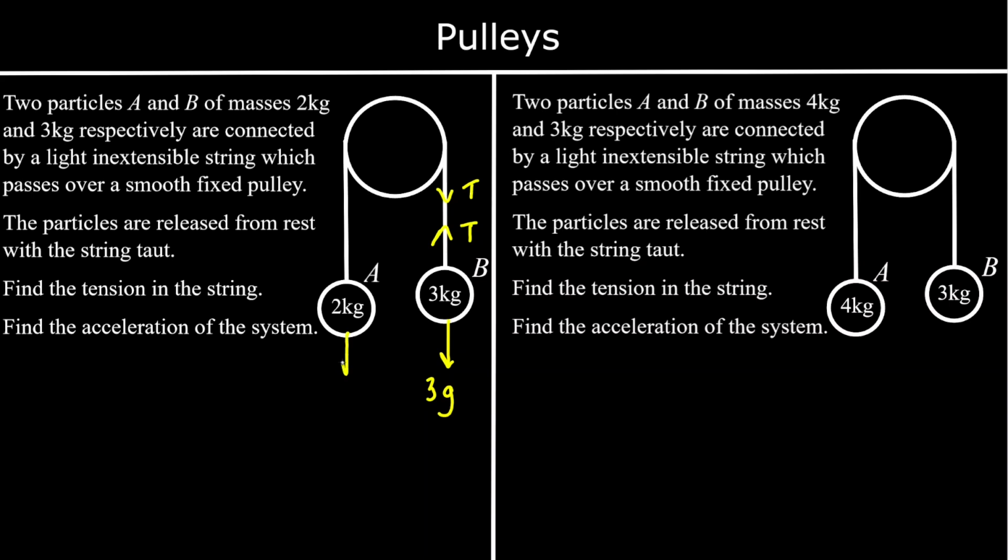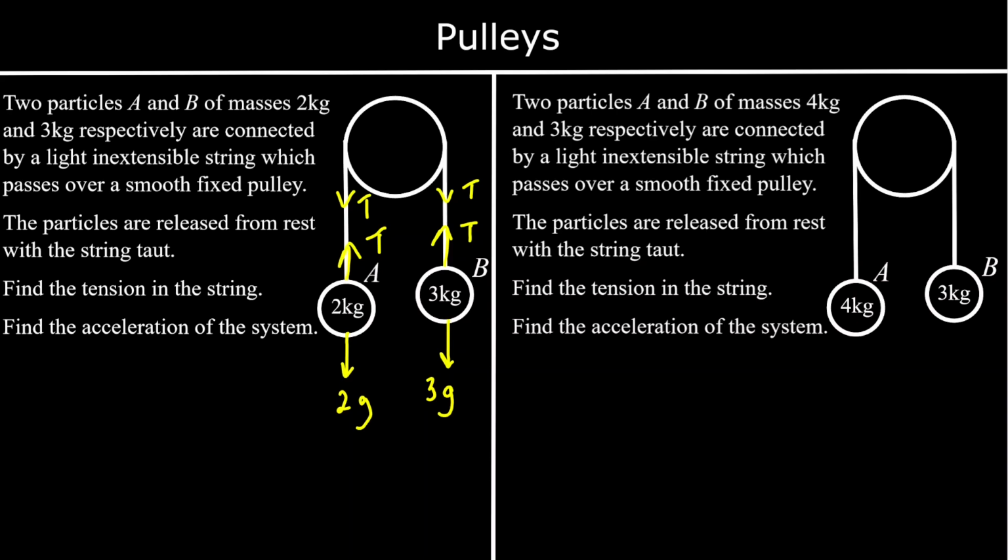And the weight of A is 2G. It's going to be resisted by the tension in the string, and there's also an equal and opposite force from the pulley. So the forces acting on B are the 3G and the T. The forces acting on A are the 2G and the T. And acting on the pulley, we've got 2T.